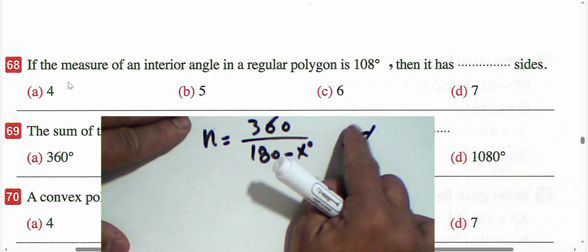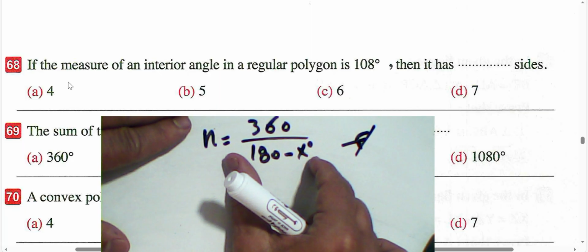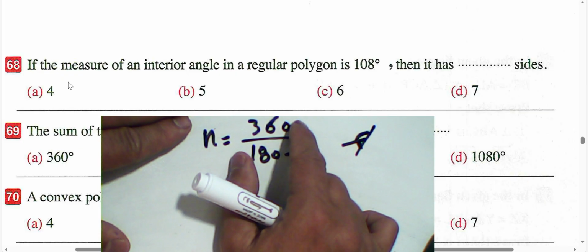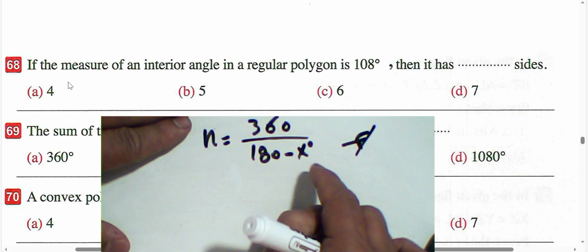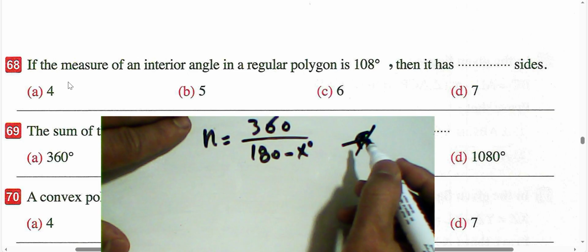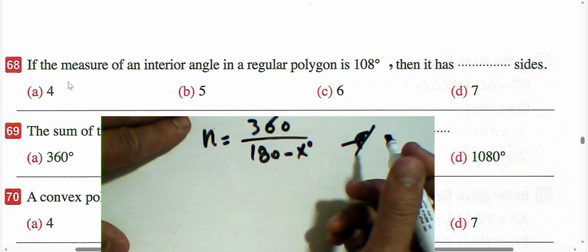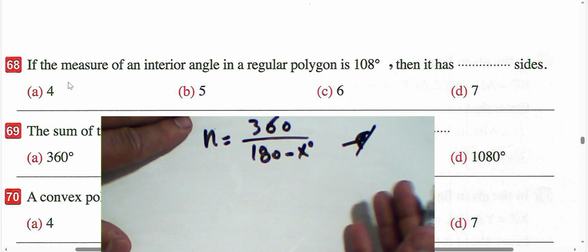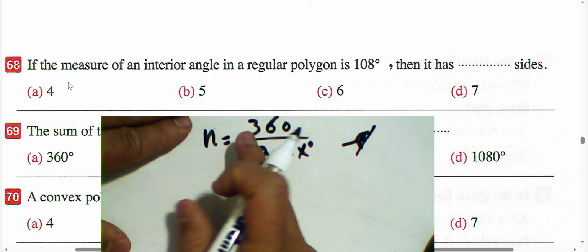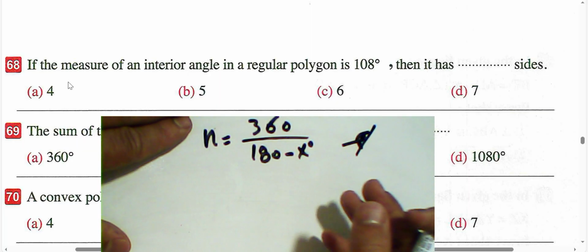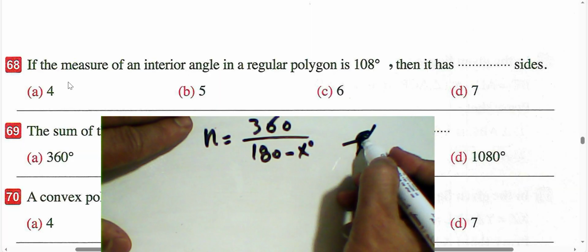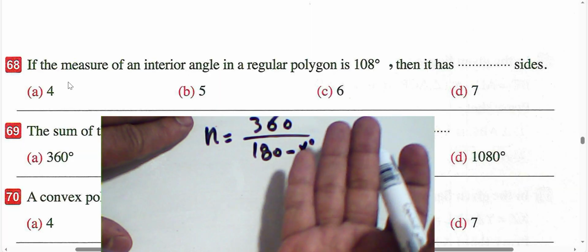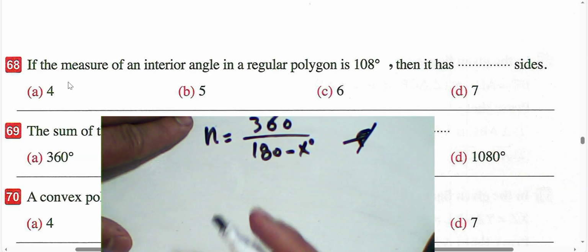We can find the measure of the exterior angle by writing 180 minus the measure of the interior angle, and then dividing 360 by it. Because if we know the measure of the exterior angle in any polygon, we can find the number of sides by dividing 360. Because the sum of exterior angles in any polygon equals 360, you can write 360 divided by the measure of the exterior angle. Then we must know the exterior angle of this polygon.